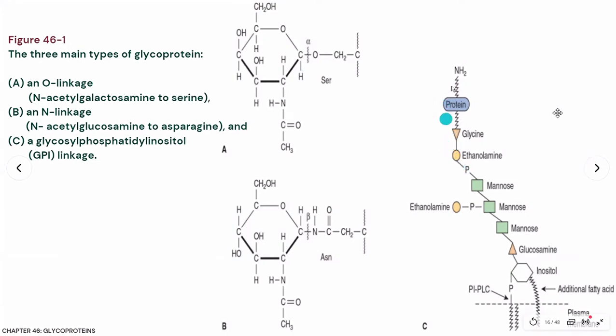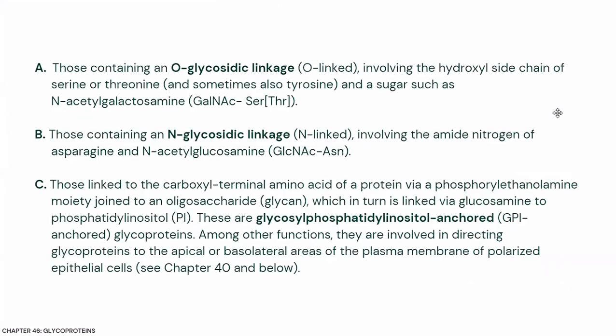So these are the three. Those containing oxygen glycosidic linkage, those containing nitrogen glycosidic linkage, and those linked to the carboxyl terminal amino acid of proteins. These are anchored to your glycosyl phosphatidylinositol anchor, GPI anchored proteins.